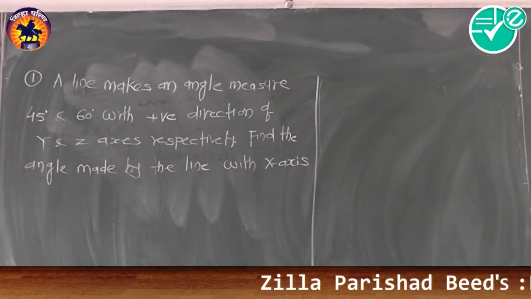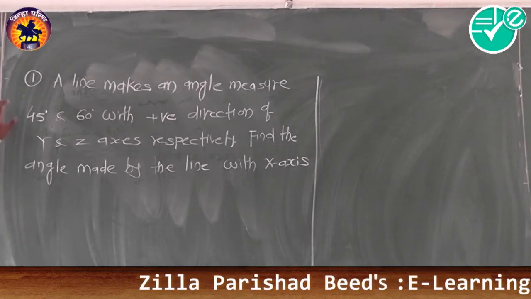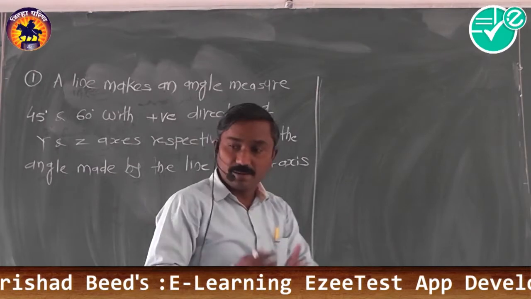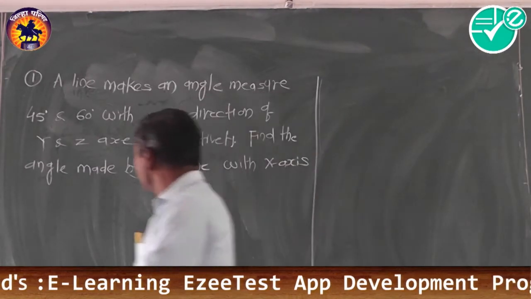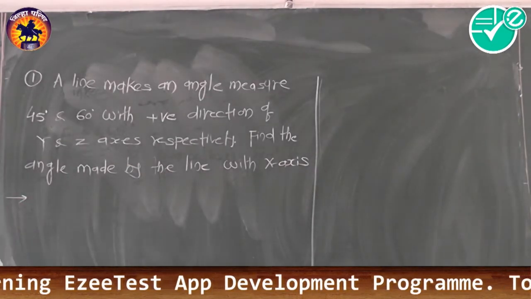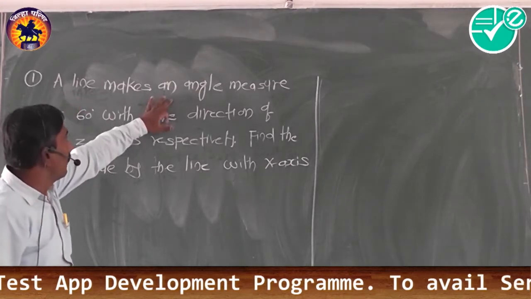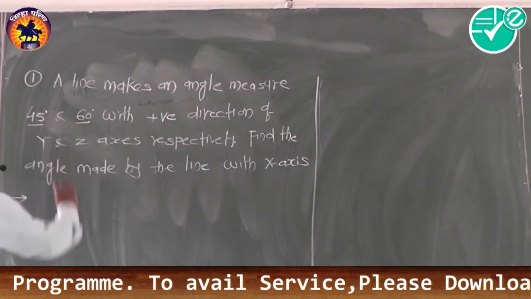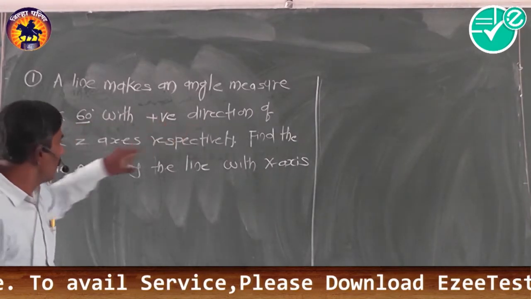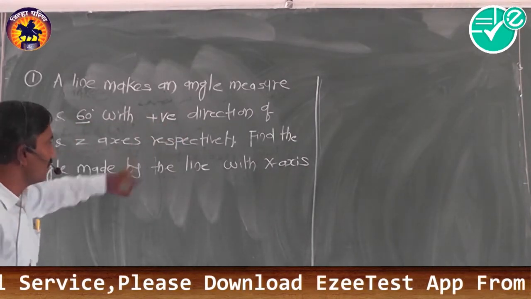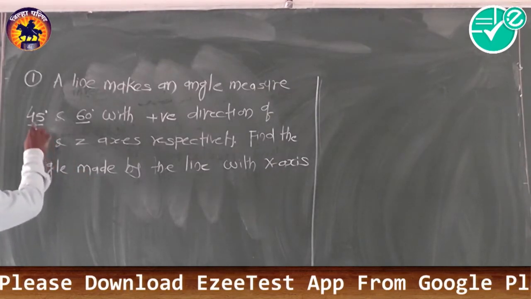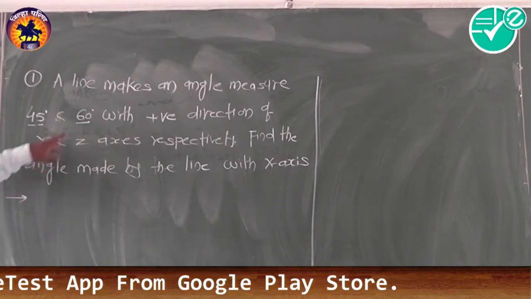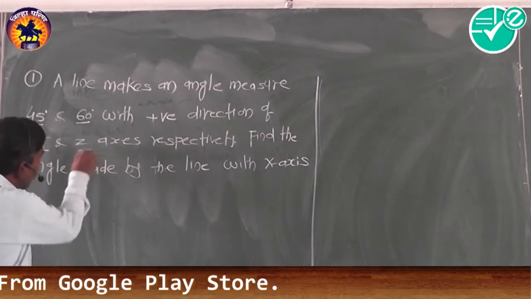So that is our important example which depends upon our theorem. A line makes angles of 45 degree and 60 degree with the positive direction of the y and z axis. That is, the line makes an angle of 45 degree with the y axis and 60 degree with the z axis.